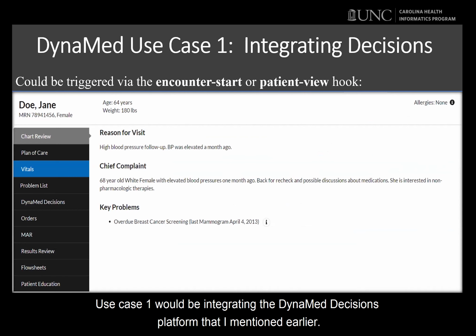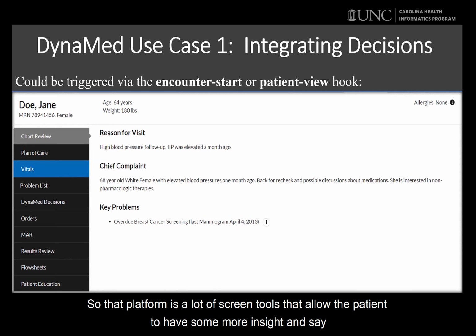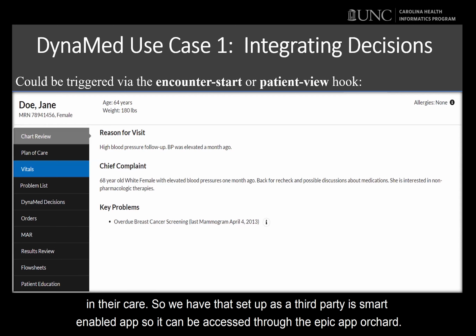Use case 1 would be integrating the DynaMed Decisions platform that I mentioned earlier. That platform is a lot of screening tools that allow the patient to have some more insight and say in their care. So we have that set up as a third-party, SMART-enabled app, so it can be accessed through the Epic App Orchard.